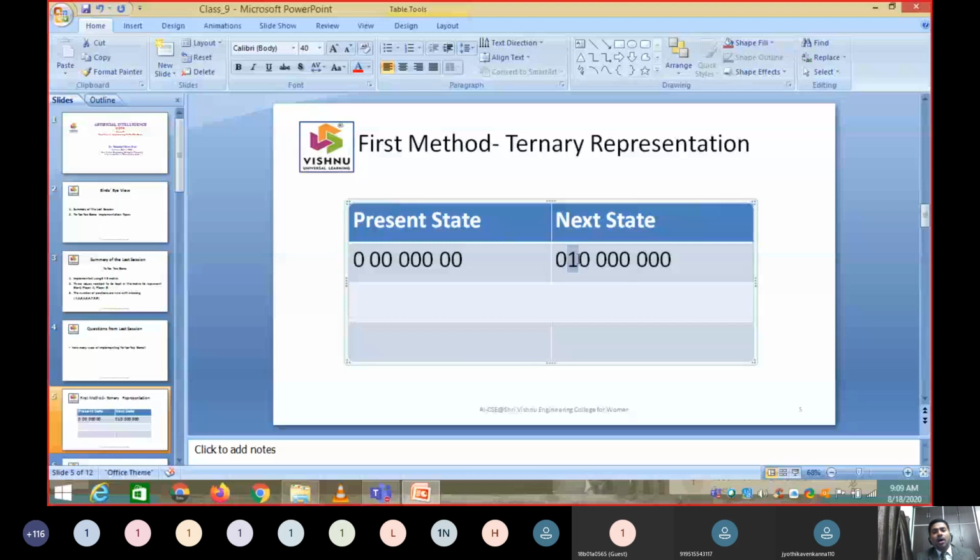How many ways can A play first actually? How many different positions are there to place it? 9 ways. Okay. How many values are there? 0 is a value, 1 is a value, and 2 is also a value.